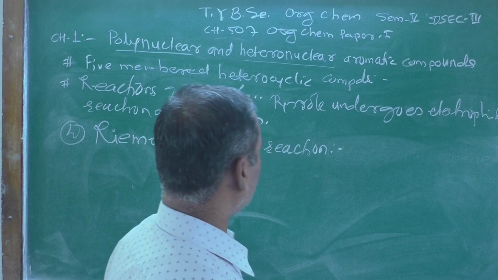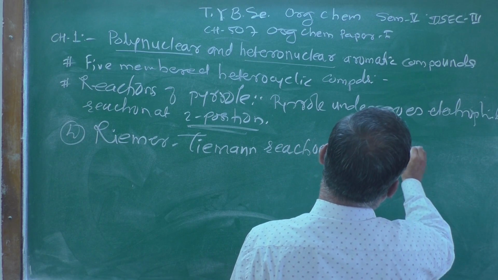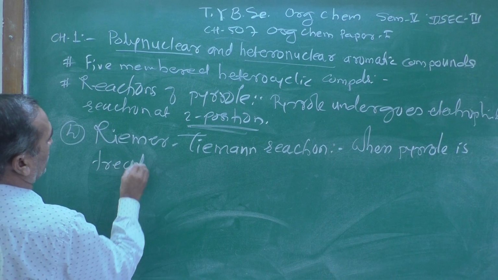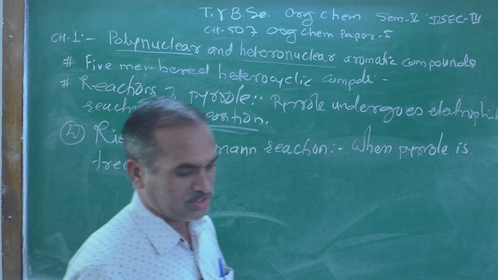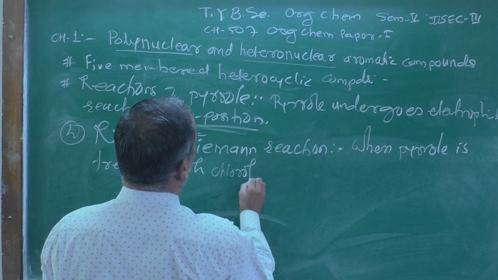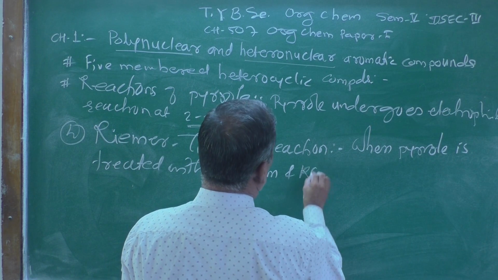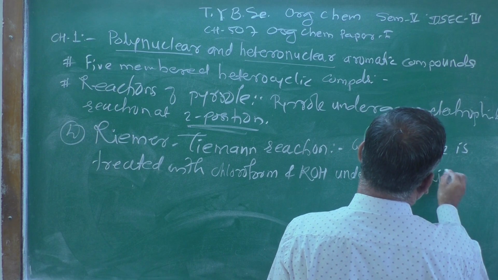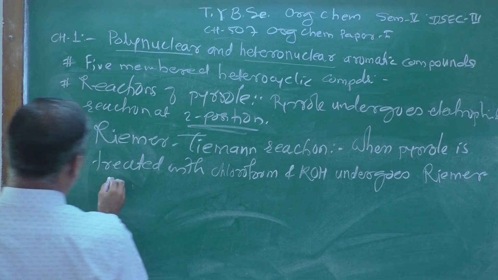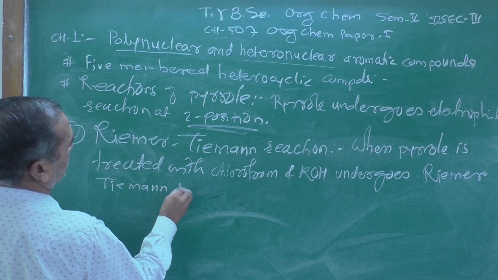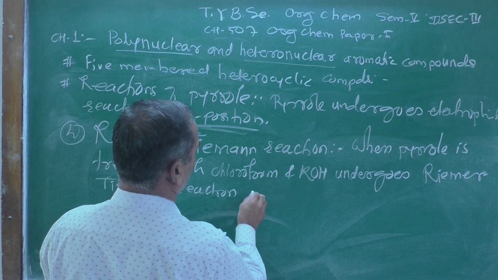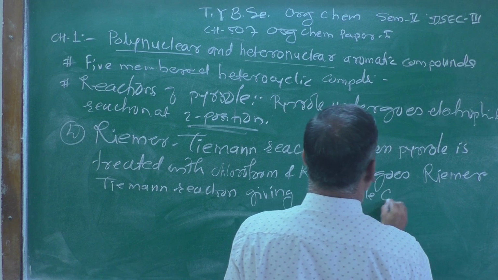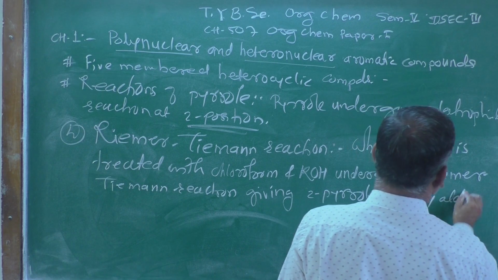So here, when pyrrole is treated with chloroform and potassium hydroxide, KOH, it undergoes the Reimer-Tiemann reaction, giving 2-pyrrole carboxaldehyde.